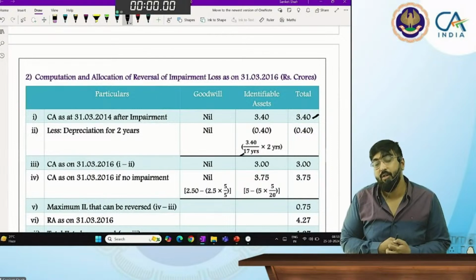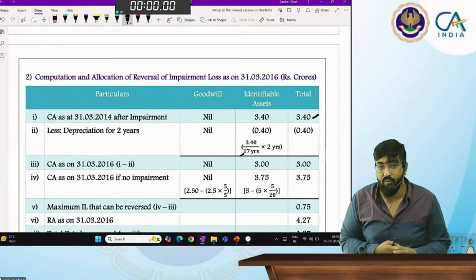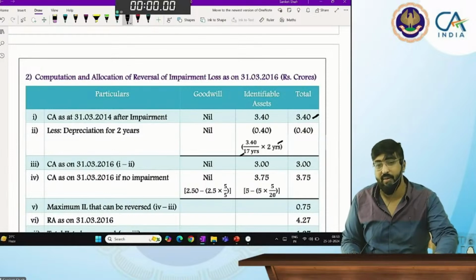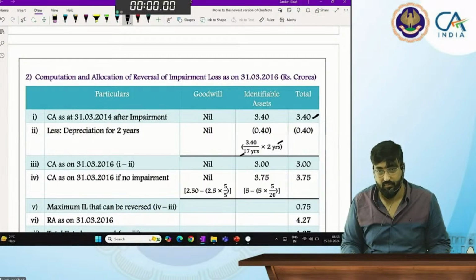Because out of 20 years, 3 years already completed. So we have now only 17 years and multiplied by 2 years, we have completed. So 3.4 divided by 17 into 2. ये आया था क्या?